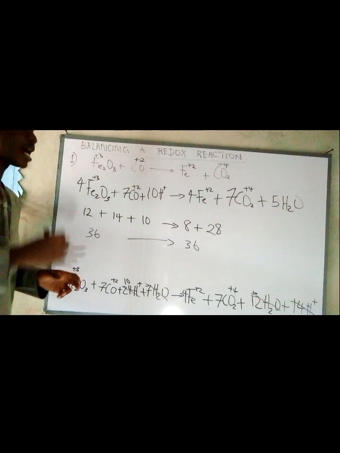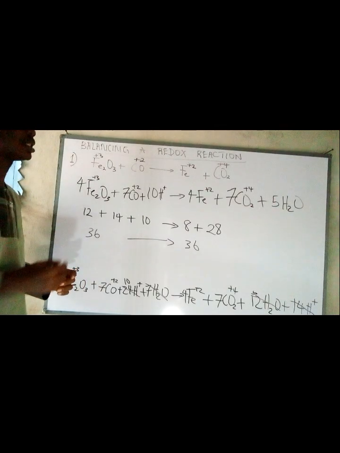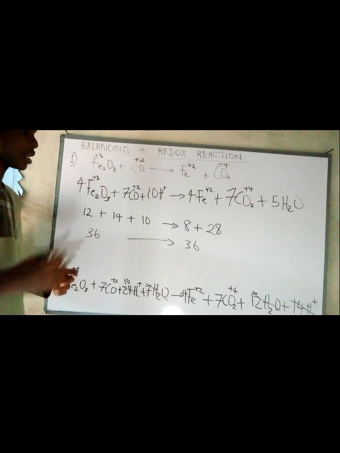Okay, now let's try another question to make sure we really understood this balancing of a redox reaction. Okay guys, the method I showed you in solving redox reactions, if you are in a dire condition whereby you need to be fast, you don't have time, please don't take those steps I took. It will waste time.